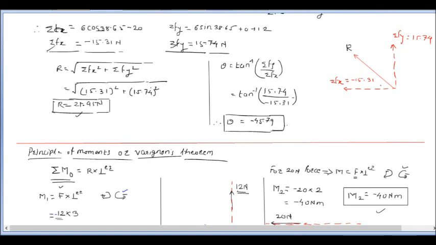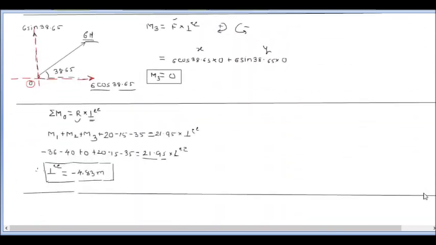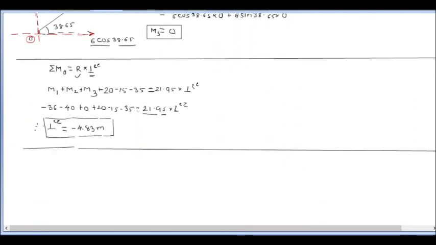We can locate this resultant at an angle of minus 45.76, that is this one. With respect to the x-axis, this angle is minus and its distance is also minus. So we got this value for the perpendicular distance. This is how we have to solve the problems by using Varignon's theorem or the principle of moments.